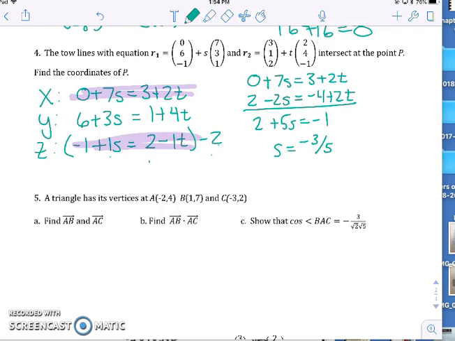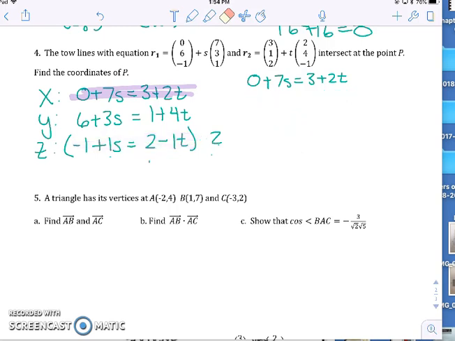Oh, I know why. This is already negative, so I should just multiply by 2. So if we multiply by 2, we have negative 2 plus 2s equals 4 minus 2t. So now they're opposites.